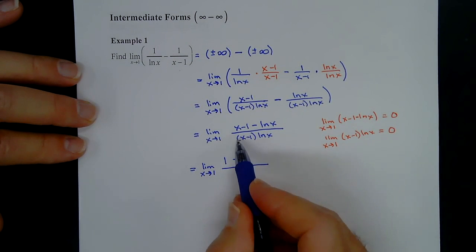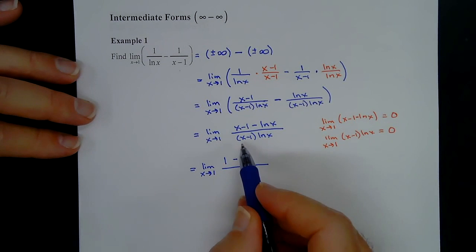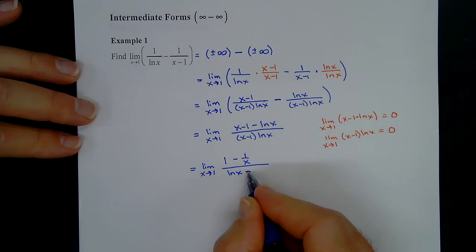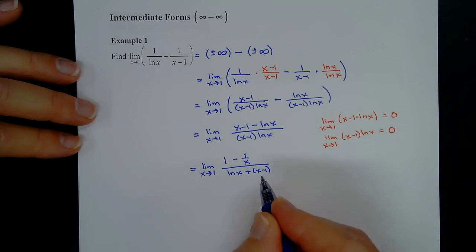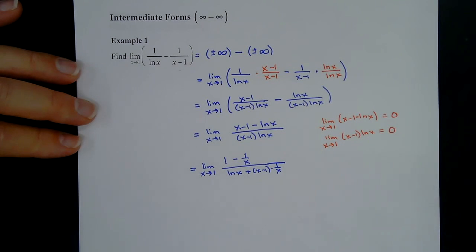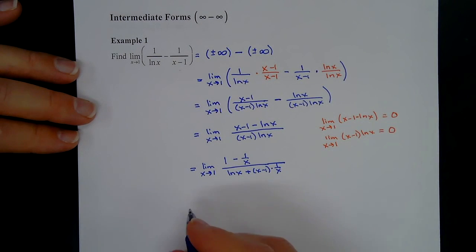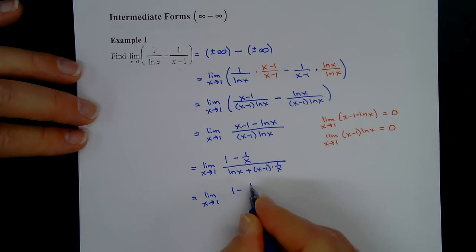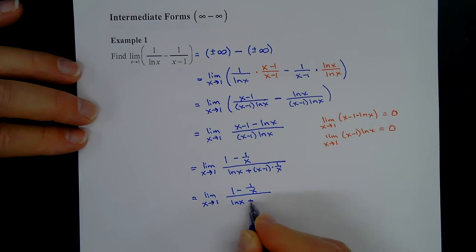Over the derivative of this one, which would be 1 times ln of x, so that would just be ln of x, and then plus x minus 1 times 1 over x. All right, and so cleaning this up a little bit, this would equal the limit as x approaches 1 of 1 minus 1 over x over ln of x plus x minus 1 over x.